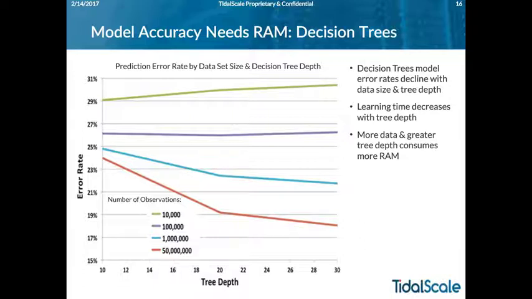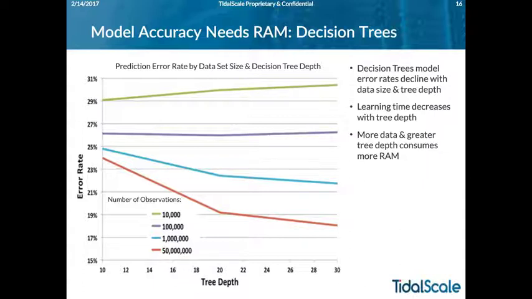So the deeper we can go on our decision tree with the larger number of observations, the more we reduce error rate, or the other way to say it is the more accurate our potential predictions become. So this learning time decreases with the tree depth, but we need more data and greater tree depth.